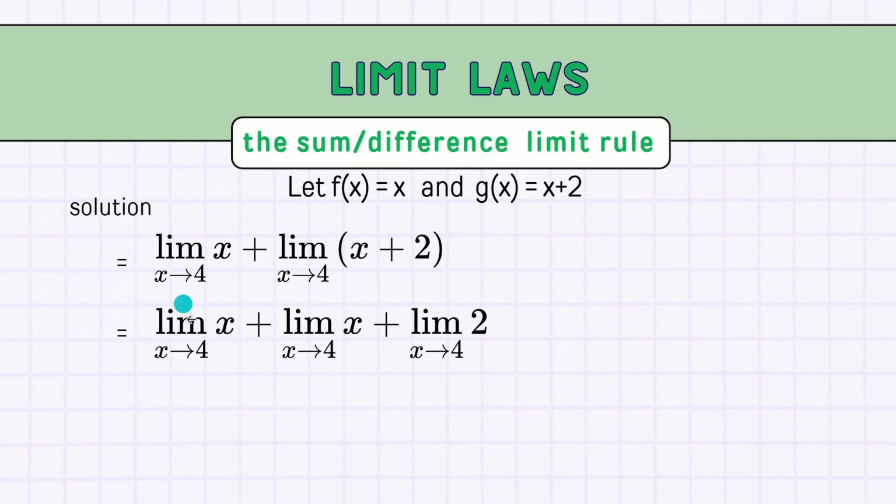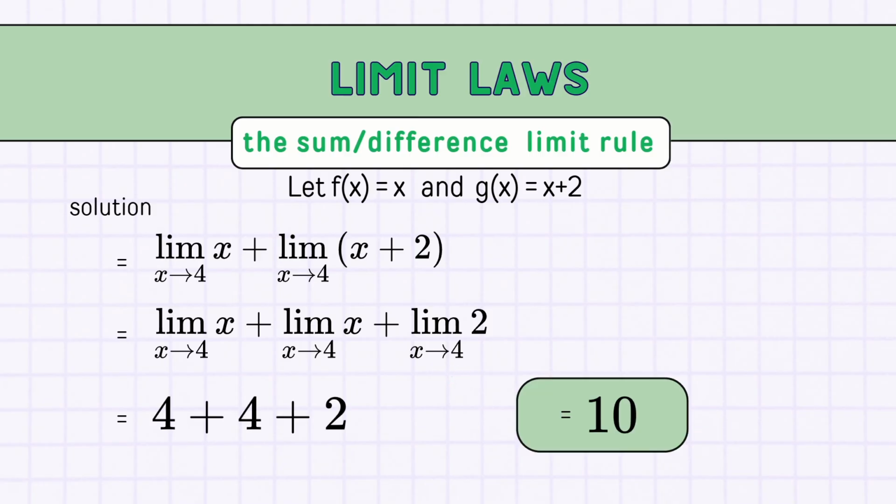The first term will be 4, the second term will be 4, and the last term will be 2. So we have 4 plus 4 plus 2. Then we can add the results: 4 plus 4 is 8, plus 2 is 10.